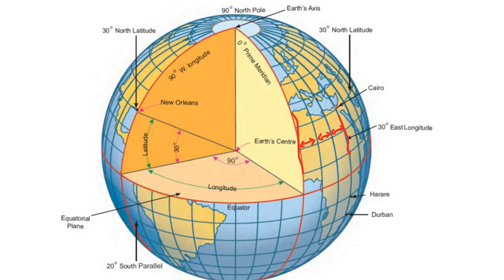Now interestingly, here is Cairo city, here is Harare, and here is Durban. They are all lying on this 30 degree east longitude. I am just showing you this interesting fact. Another thing, here you see New Orleans and Cairo, they are all falling on what?